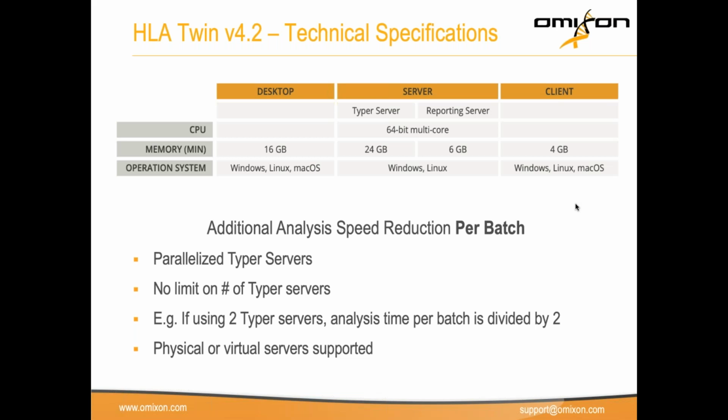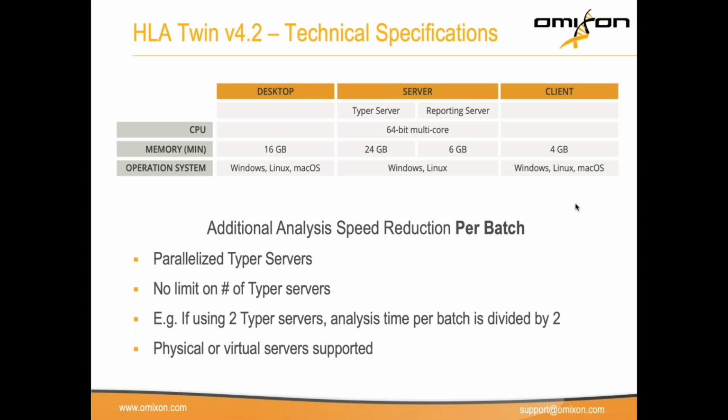So what we do recommend people to do when they want to reduce the analysis time per batch as well, is using parallelized typer servers. Essentially what that means is that if you have a big server with a lot of RAM, you can install multiple typer server instances and split the amount of RAM between those typer servers. There is no particular limitation on the number of typer servers that you have.